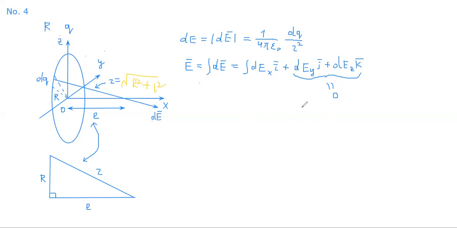For example, it is not necessary to use this, but this can make our solution simpler, because only one component of the vector is left.